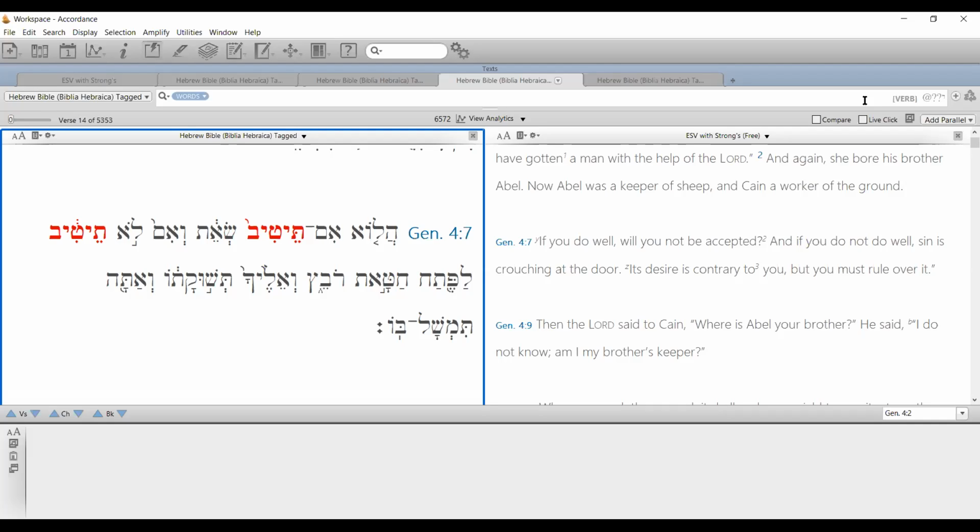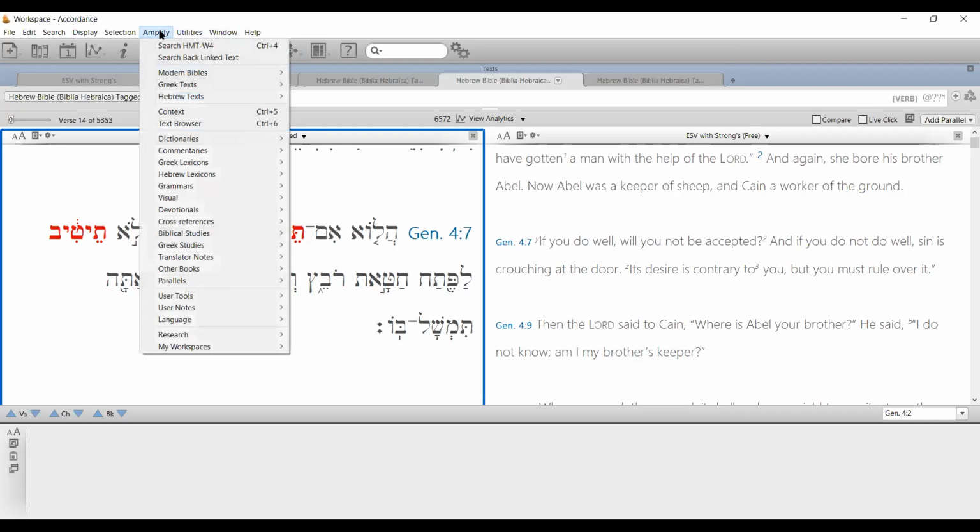Maybe one more question, Prof. Yes, please. If I want to read a book or a commentary in Accordance without making any search, is that possible? Yes, of course. Can you point to me? I don't have a lot of books in Accordance, but it seems to me this is the Amplify section.